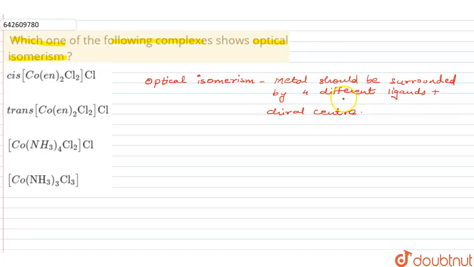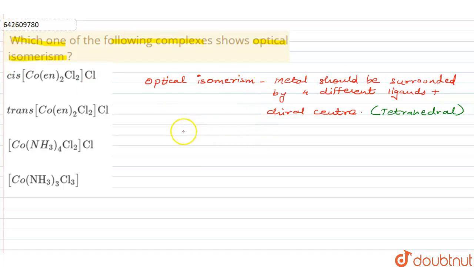But let me tell you one thing. In this case, this could be applicable in cases of a tetrahedral complex, where the molecule is not planar, where all those 4 ligands would be present in different planes. So that is one condition which we would be having.